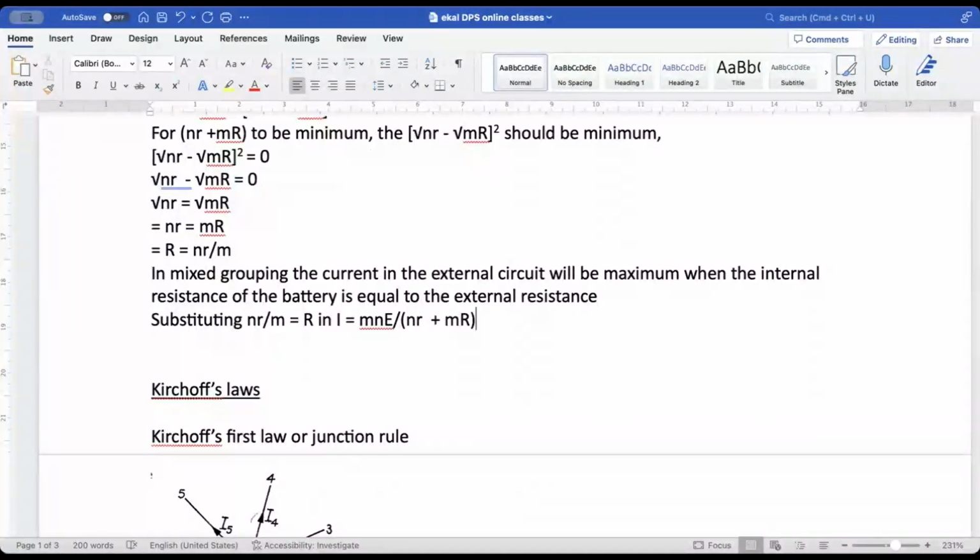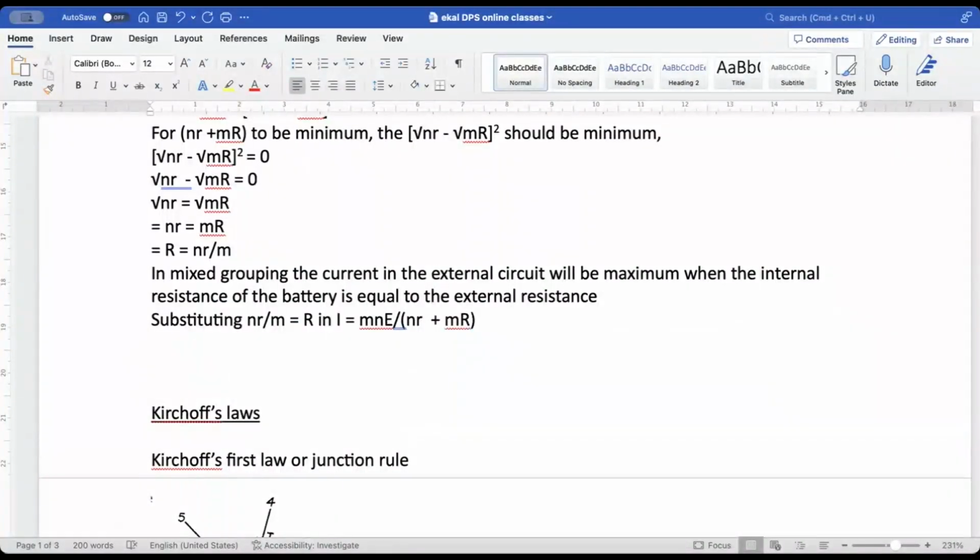So on substituting the value, we'll get the current I. This is equal to the NE by 2R.